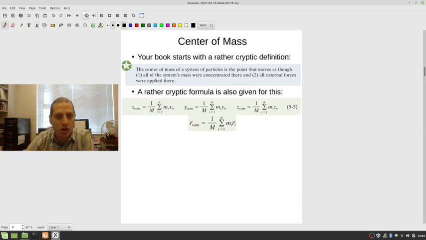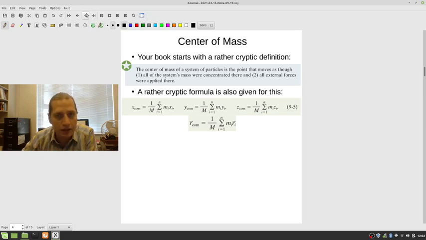Okay, so your book talks about center of mass in a rather cryptic way, but hopefully we can understand it by the end of this little talk. It says, the center of mass of a system of particles is the point that moves as though 1, all the system's mass were concentrated there, and 2, all external forces were applied there.